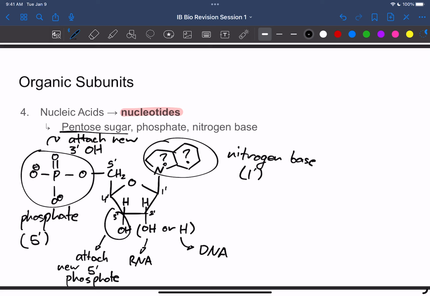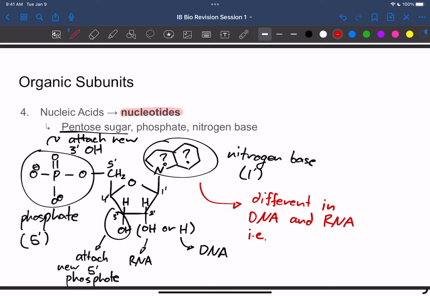The reason why is that the D in DNA is deoxyribo, and deoxy means no oxygen, referring to the fact that there's no oxygen in the 2 prime carbon. It's just an H. So that's why the naming is what it is. And these nitrogen bases can be different in DNA and RNA.